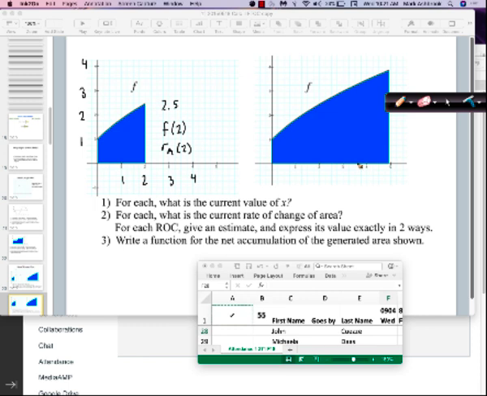Okay, what about over here? Current value of x. 4.9 is about, okay? Rate of change. So we could say r of a of 4. We get that value from f of 4, and it is about, I'm going to say 3.7.